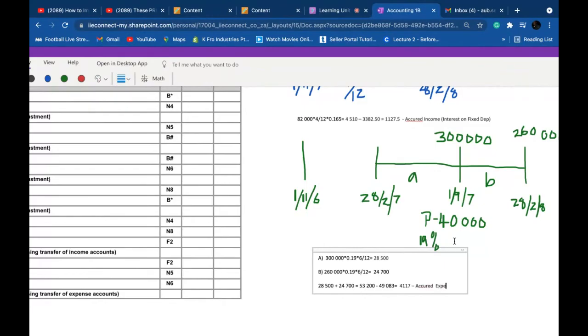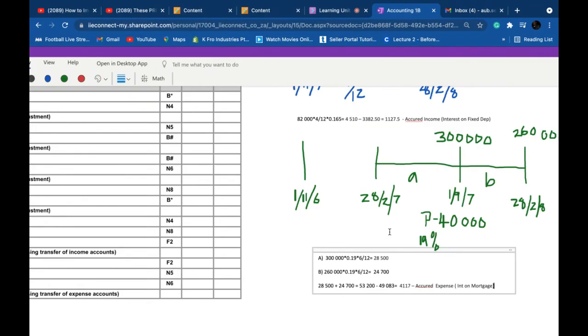We haven't paid this expense, but we still owe it. So we're calling it accrued expense. And this is obviously in relation to interest on mortgage. There we go. Okay. Cool. So we've dealt with the second adjustment there.